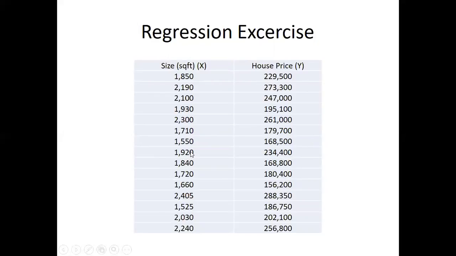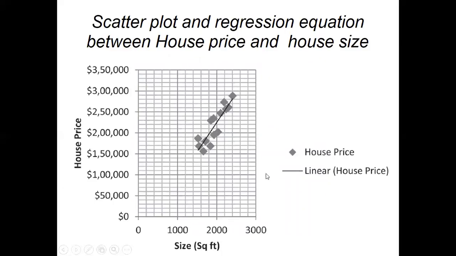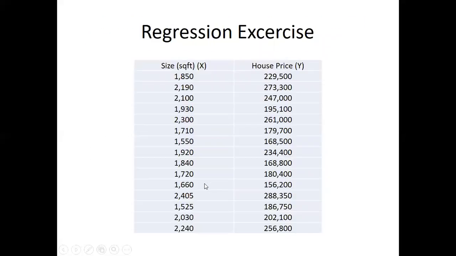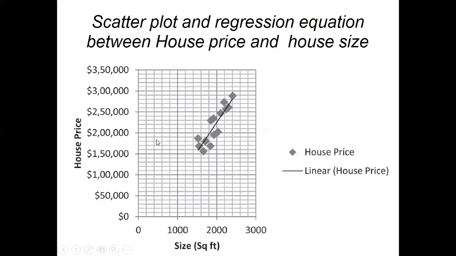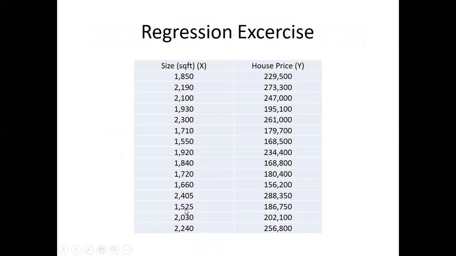This data we can represent in the form of a graph. In regression, we very commonly use a diagram called a scatter plot. When we take the variables x and y as the two dimensions, we take x as the size and y as the price.